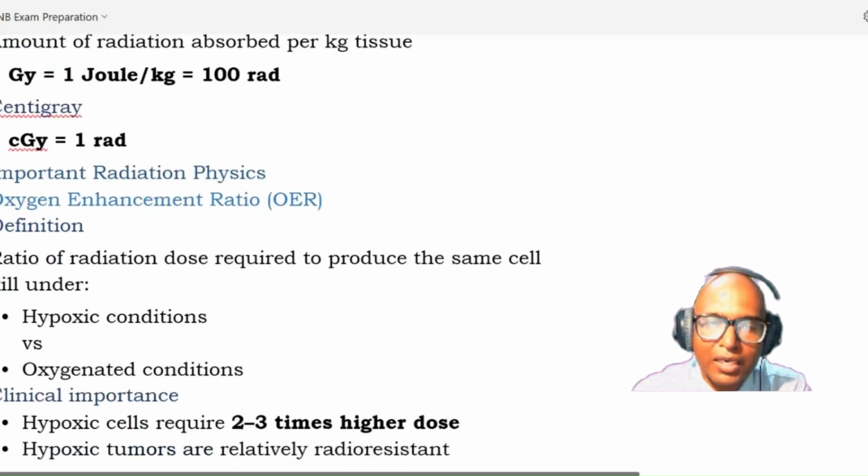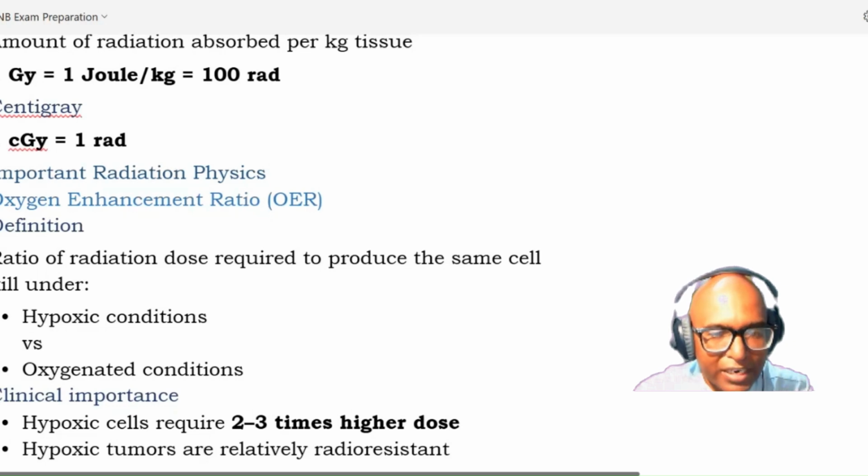Then another topic from radiation physics is the oxygen enhancement ratio, that is OER. If the tissue has a good oxygen content, or the tissue is well oxygenated, this radiation will kill the cells, so the effect is better. But if the tissue is hypoxic, then there is less effect of the radiation. So what is this OER?